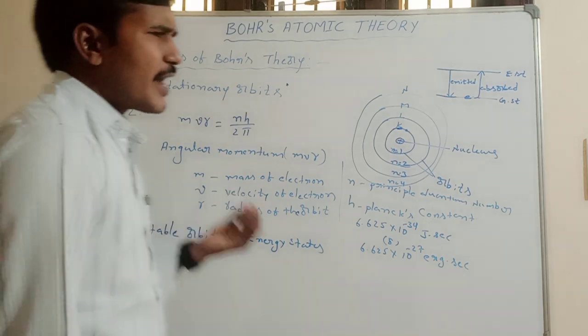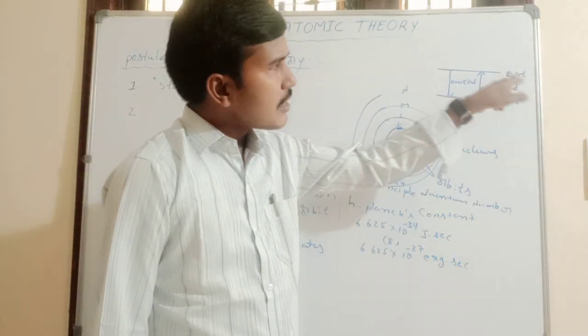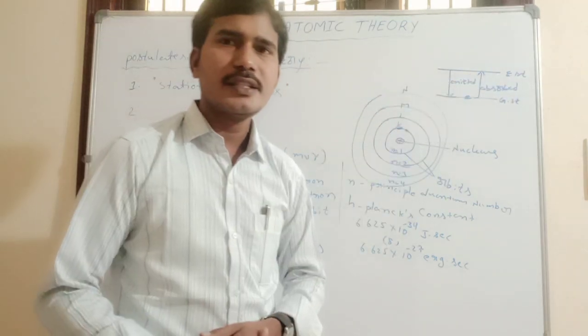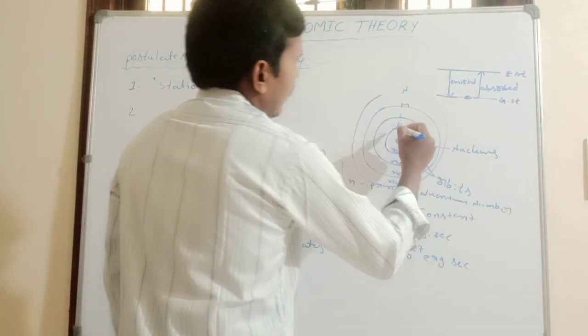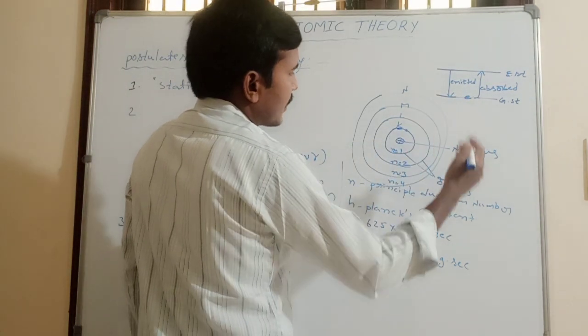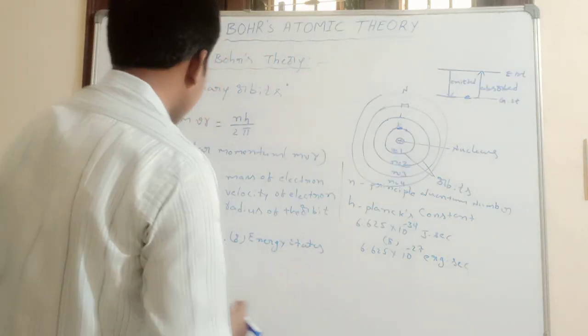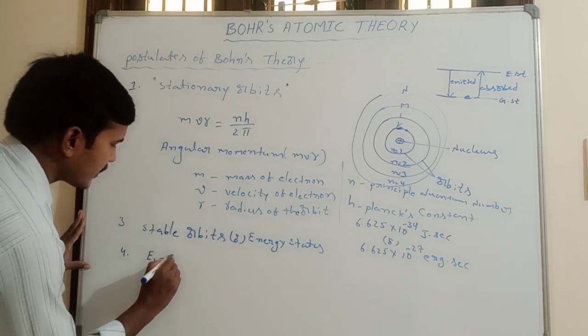The amount of energy emitted or absorbed in a transition is equal to the difference of energy of the two orbits. That means E2 minus E1.